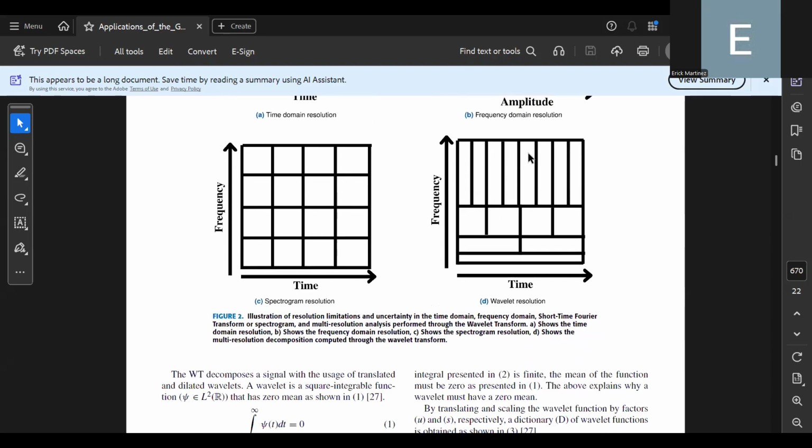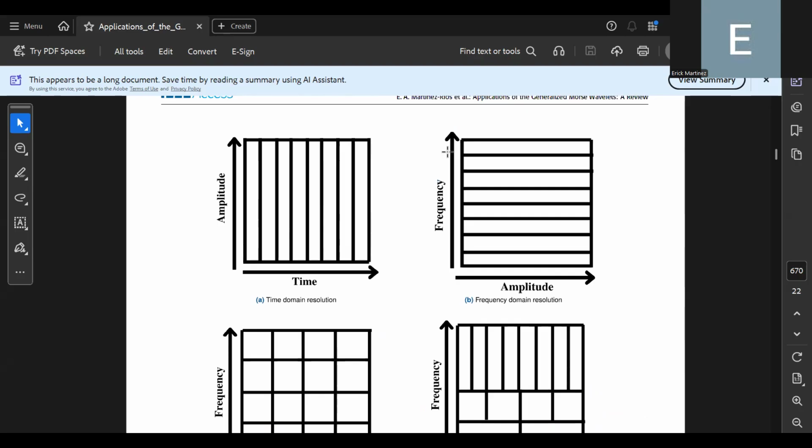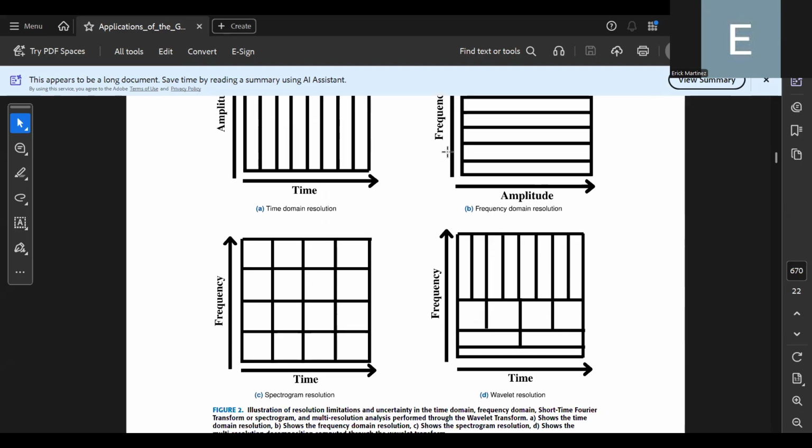Okay, but these two approaches, the time and frequency domain representations, are useful when you're analyzing stationary data. Stationary data means that the statistical properties of the waveform that we are studying remain constant over time; we are not changing the mean and the variance of the waveform. But in cases in which there are transients in the waveform, we want to know how the frequencies of the signal evolve over time.